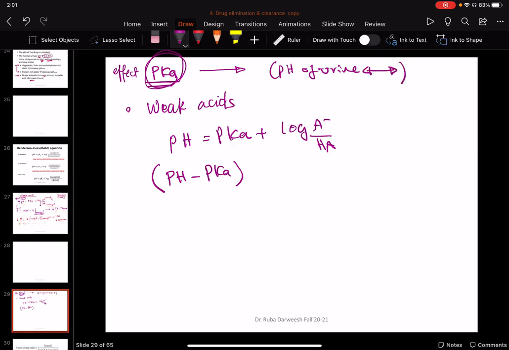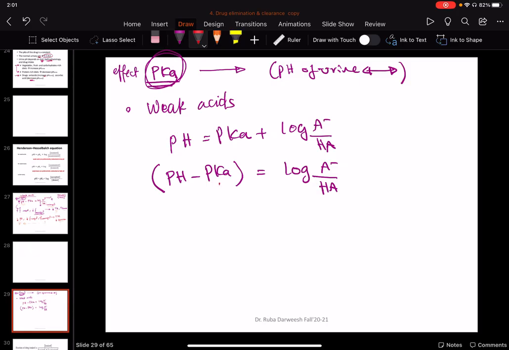In the first case we were considering the same drug, and by the way, both can change, but to make it easier to understand, this would be log A minus over HA.